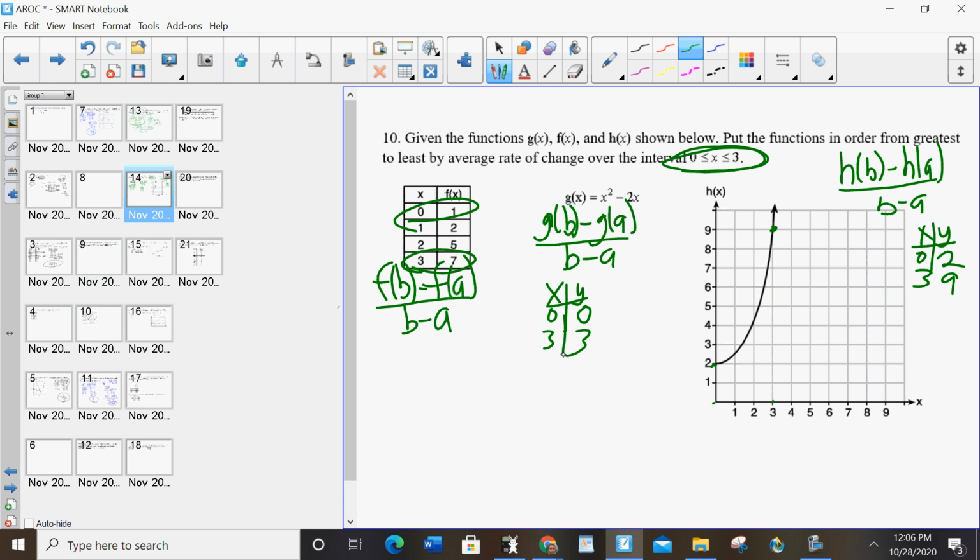So I'm going to do the calculation for all of them. If you want to pause this and do it on your own, I would suggest that.